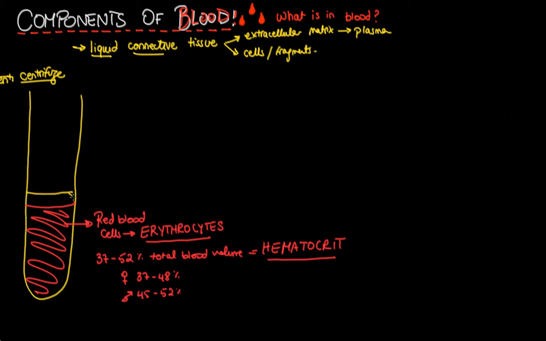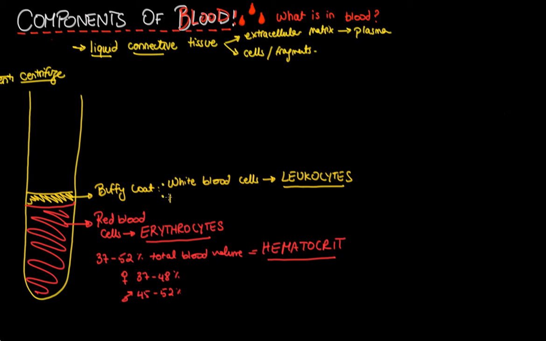Okay. Next up, we have a very thin layer, and we call this the buffy coat. And this buffy coat consists of white blood cells, and white blood cells are also known as leukocytes, as well as platelets.